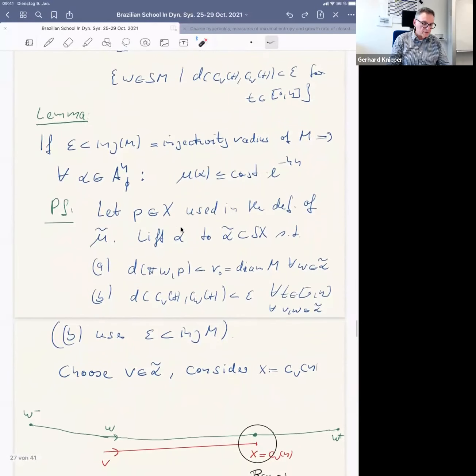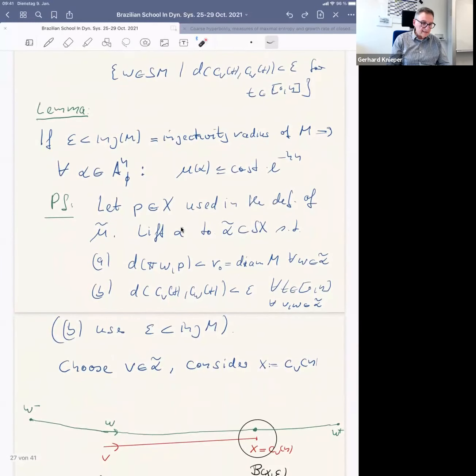So I assume epsilon is smaller than the injectivity radius, and if this is the case, then the measure of each of the elements alpha in this refined partition is smaller than some constant times e^(-hn). So it decays exponentially.